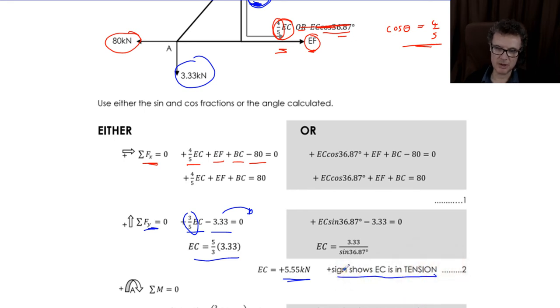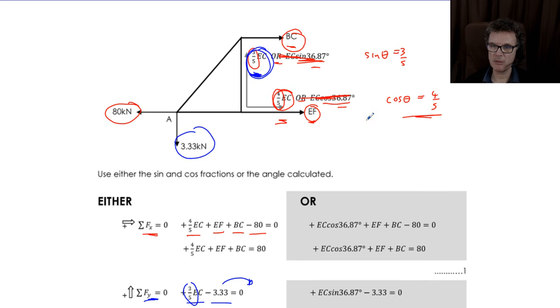So what can we do now? We can take moments. Where's a sensible place to take moments here? Well, we've got quite a lot of forces coming out from this point here, so we can get rid of all these terms if we take our pivot to be this point here, and the only unknown giving us a turning force will be this BC. This force here goes through the pivot, so it cannot create any turning moment.